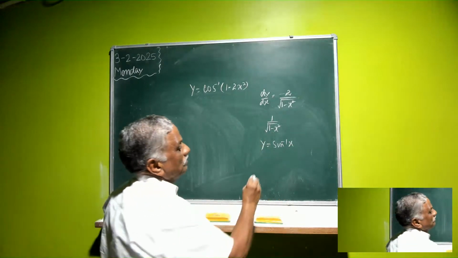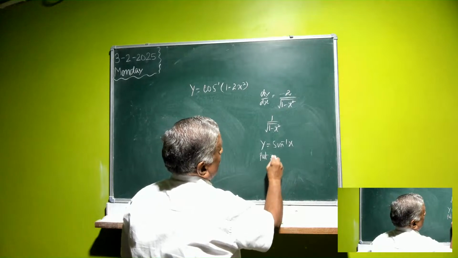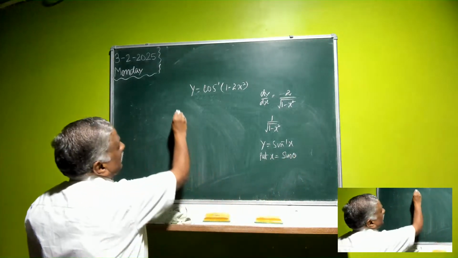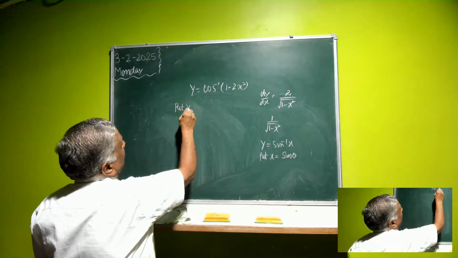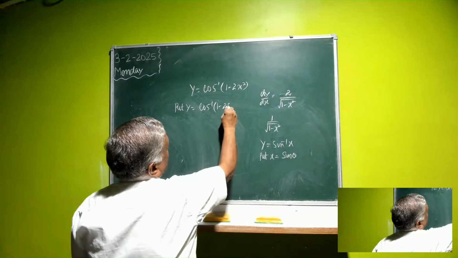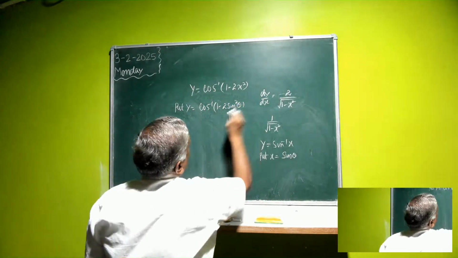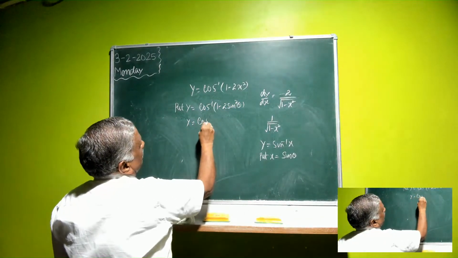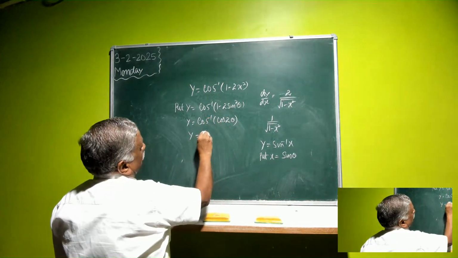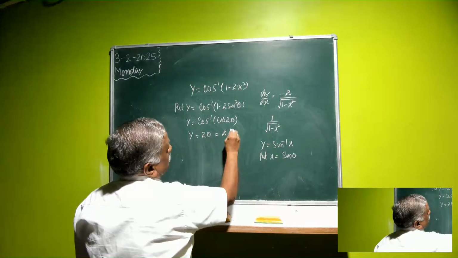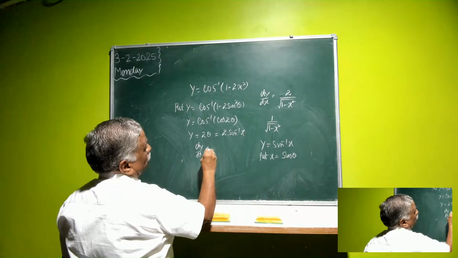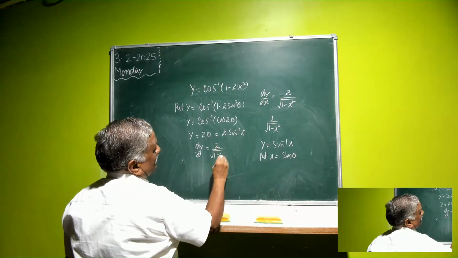So what's the clue for you? Put x equals sin theta. So when you put x equals sin theta, blindly working, cos inverse of 1 minus 2 sin square theta, because you have got 2 there, cos inverse of cos 2 theta, that is y equal to 2 theta, that is 2 sin inverse x, therefore it is written 2 over root of 1 minus x square.